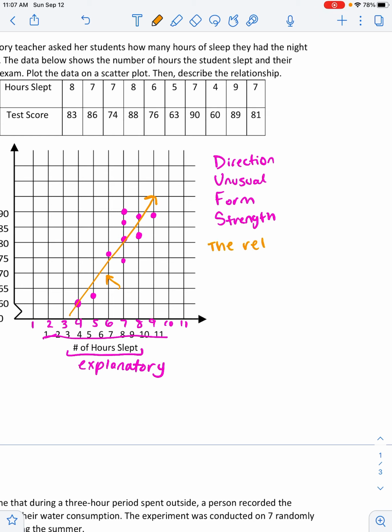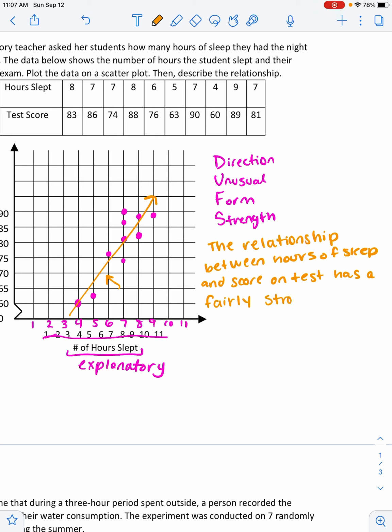The relationship between hours of sleep and score on test has a fairly strong positive linear relationship.